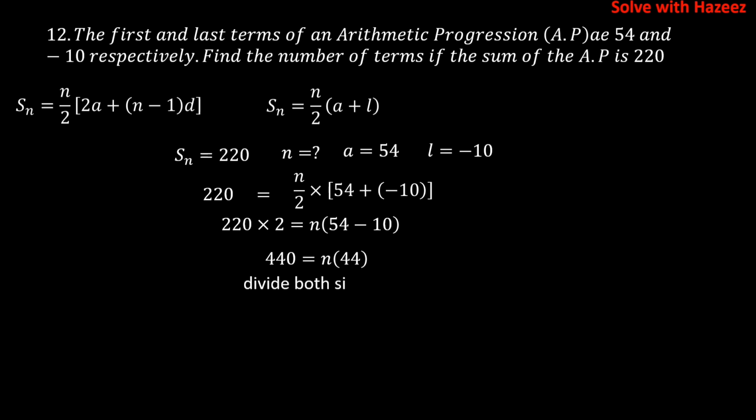So we divide both sides of the equation by 44 because we want to find the value of n. Dividing both sides by 44, we have at the left hand side 440 over 44 equal to 44n over 44. 44 divides 440 in 10 places. So we cancel out 44, and we have 10 is equal to n.